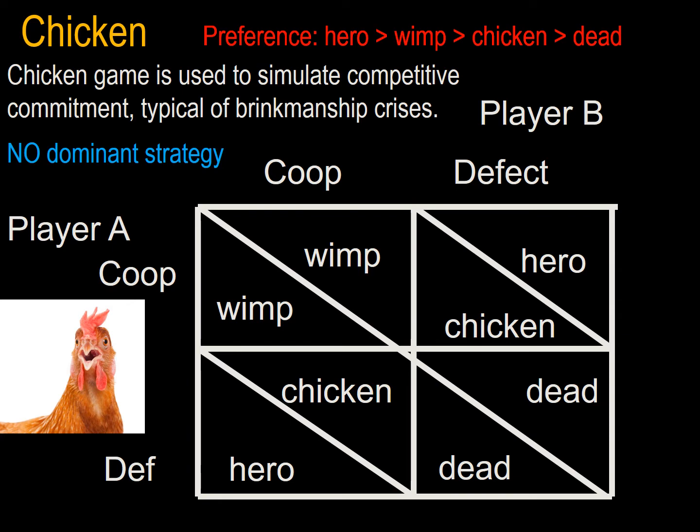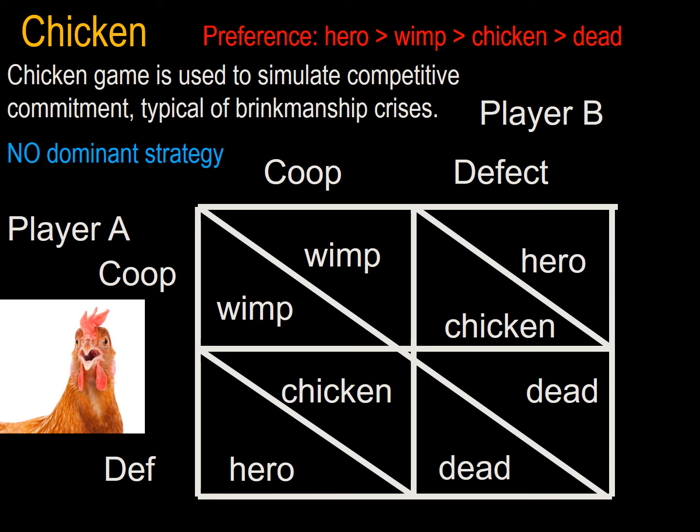Dead is always worse than chicken. So here, player A should choose cooperation. So there's a problem. Depending on which choice player B makes, player A does not have a dominated or dominant strategy. There's actually a cycling phenomenon here where player A is going to change their choice based upon what player B chooses.